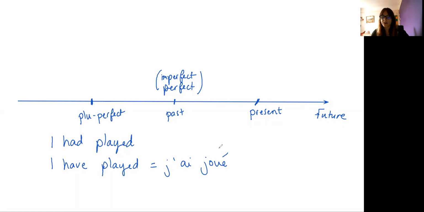Now, "I had played" is, let's say we're in the present now, and you're saying that yesterday you had pain in the muscle because the day before you had played football. You're talking about an event from the past of the past, basically.